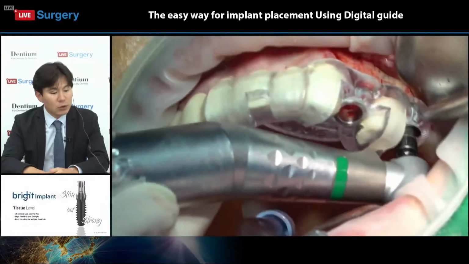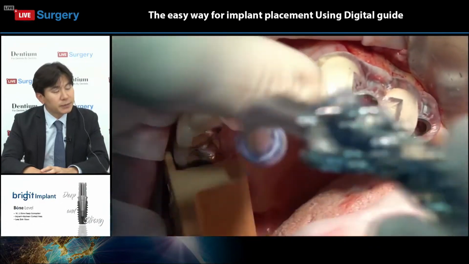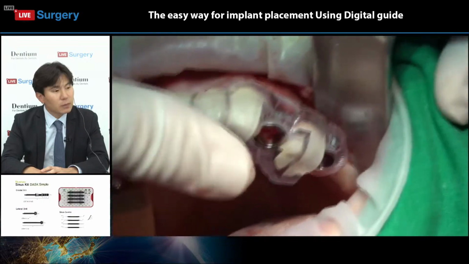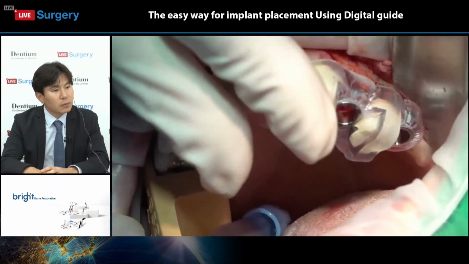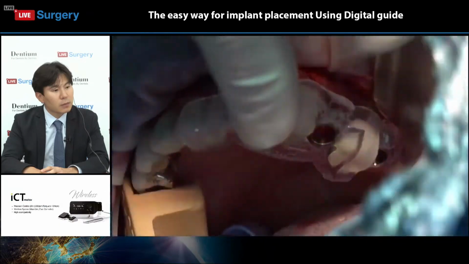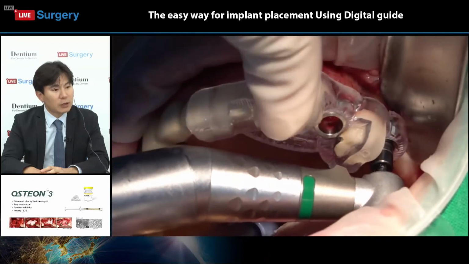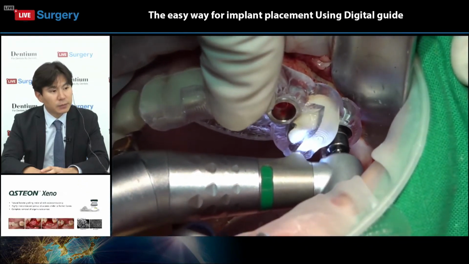And he is using one flattening drill. It's a bone plating drill for the 26 area.